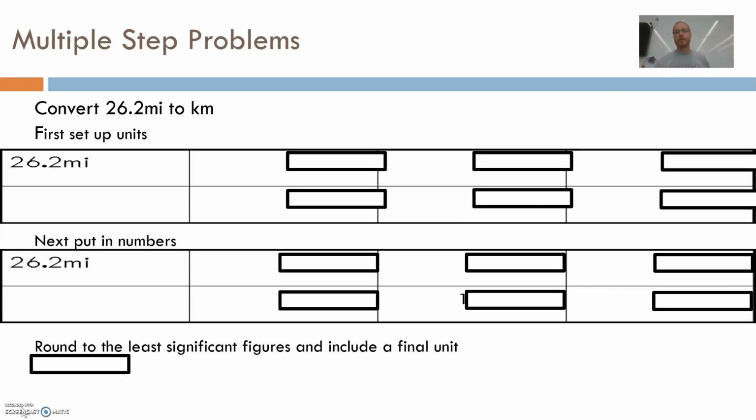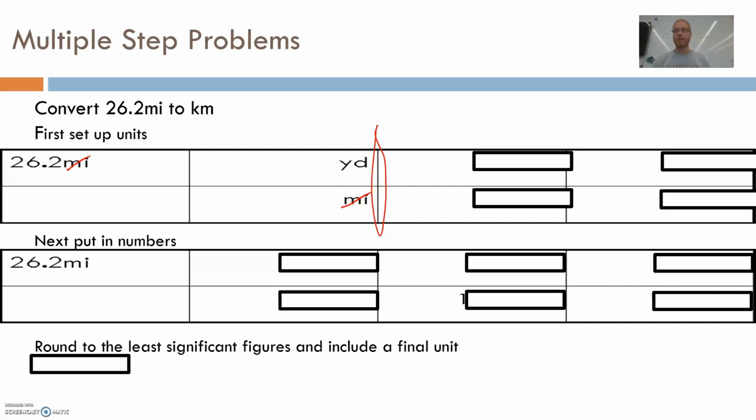The first thing you got to do is set up your units, just like with any dooflachi. Except instead of just having one step, you've got multiple steps. So first, I'm going to convert miles to yards, so that miles cancels out and leaves me with yards.